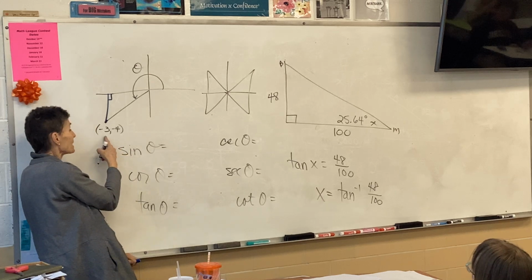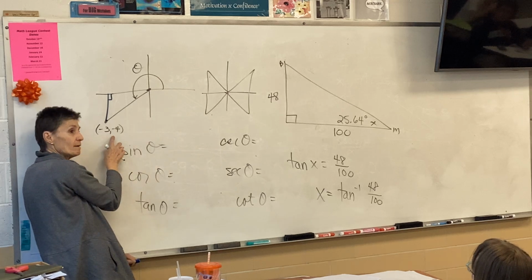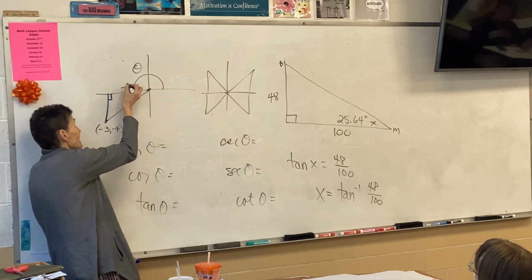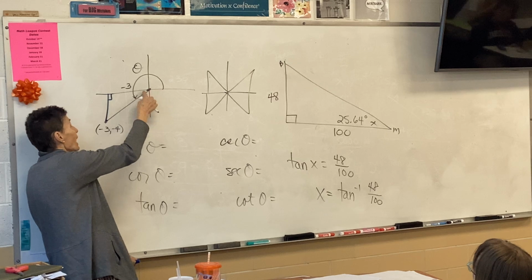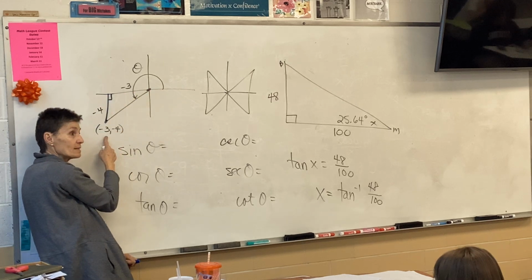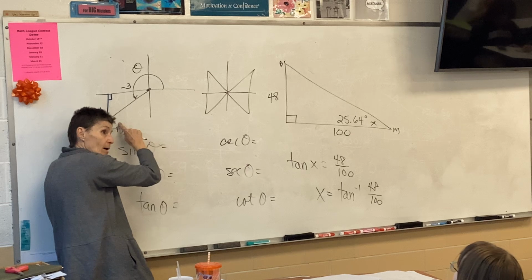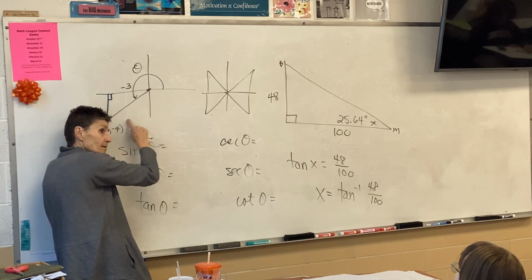Now, if that's the point -3, -4, and here's the origin, does it make sense to you that I went left 3 and down 4 to get to that point? Can I do the Pythagorean theorem to find that?